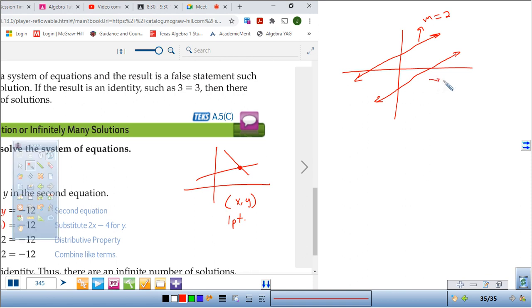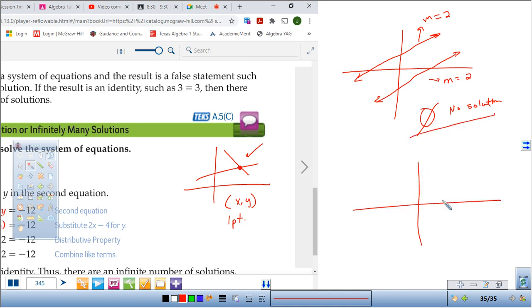So that one has a slope of 2. Well, guess what? These lines would never touch. They would never intersect. So they would have no solution, an empty set. No answer. That's an answer, no solution. Because what you're looking for is where 2 equations cross. What if they don't cross? Then the answer is no solution.